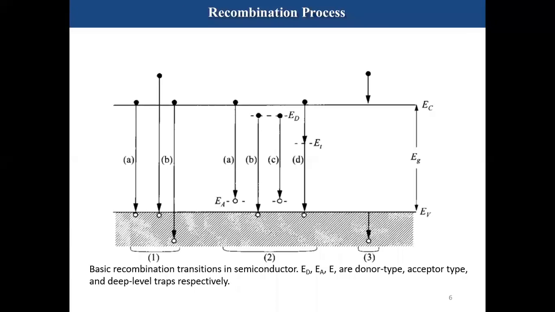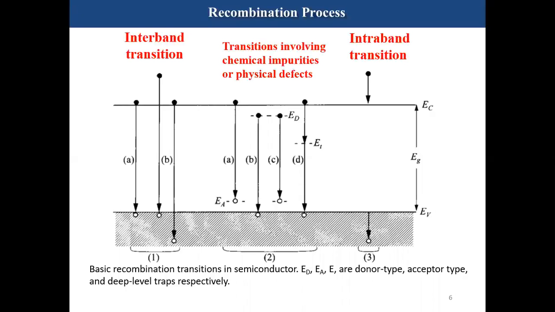We covered a detailed understanding about the recombination process. Now we need to understand some more while studying LEDs: from valence band to conduction band, and from conduction band to valence band, the transition of electrons can happen in terms of interband, so from one band to another one.